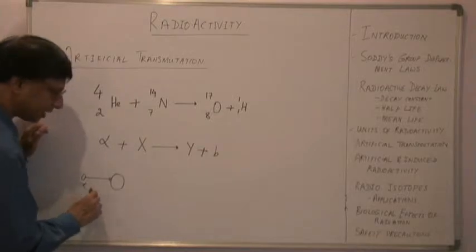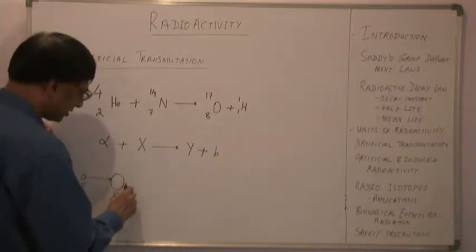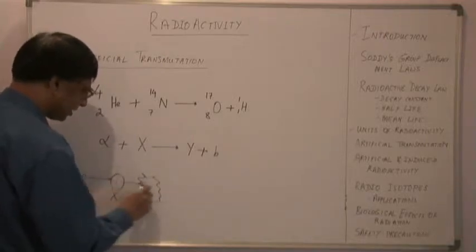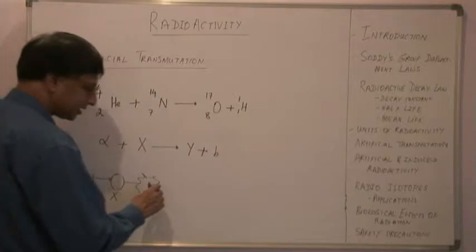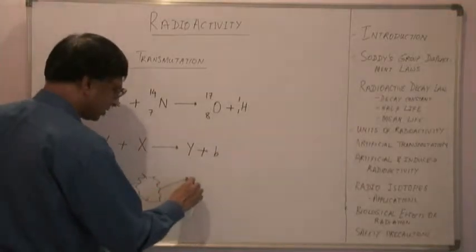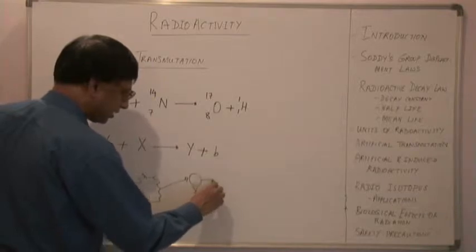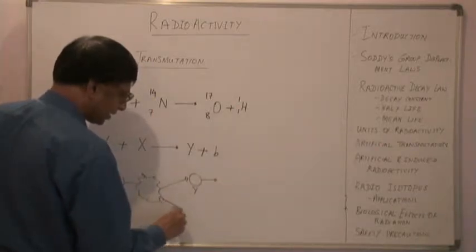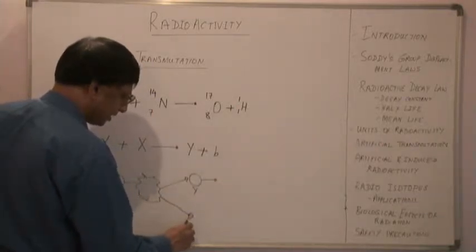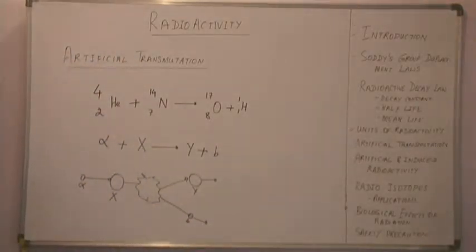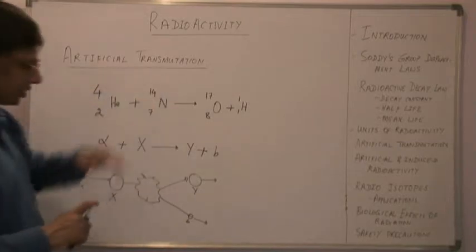This results in the nucleus getting excited or absorbing the impinging alpha particle, and then giving out a nucleus of type Y and a particle B. So this is how I can represent artificial transmutation.